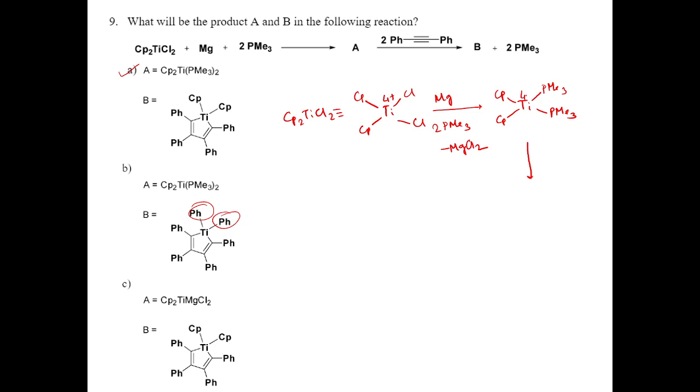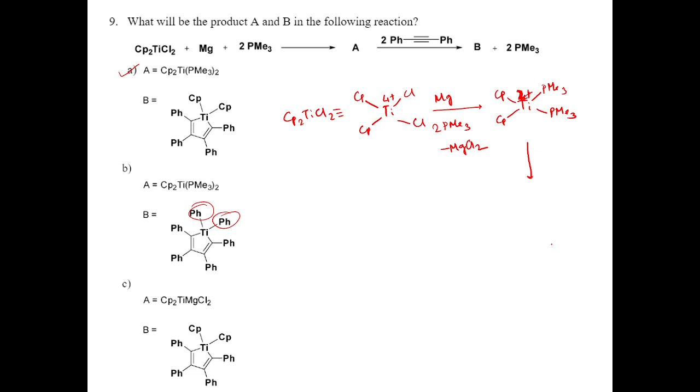Now it is also plus 4 state. No, it is plus 2 state. PMe3 is not an anionic ligand, so it is in plus 2 state.